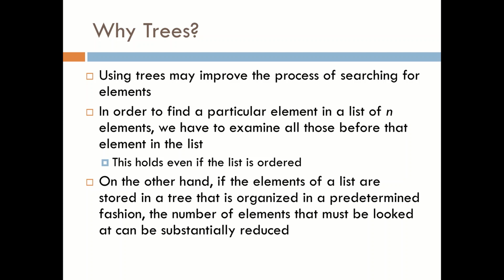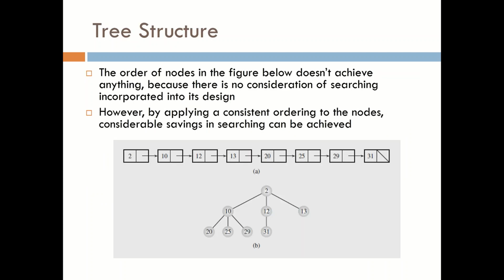So we previously showed that if we have a linked list and we're searching for an item, or even an array, on average, we have to go through half of the items before we either find the item we're looking for or we decide that it is not present in our collection. And so if we arrange trees in a particular way, it allows us then to hopefully be able to find things in a simpler manner, and it turns out that we'll be able to do it in order log n.